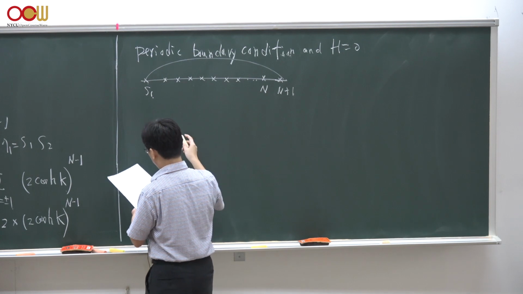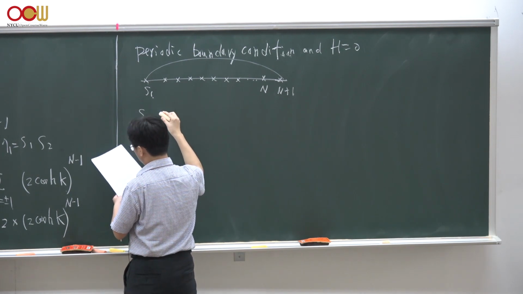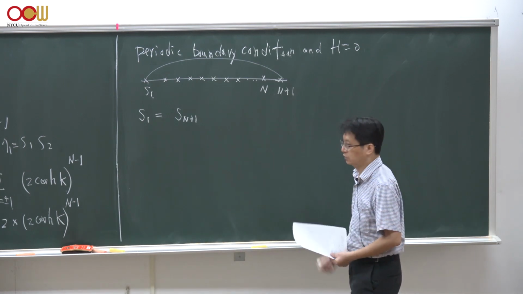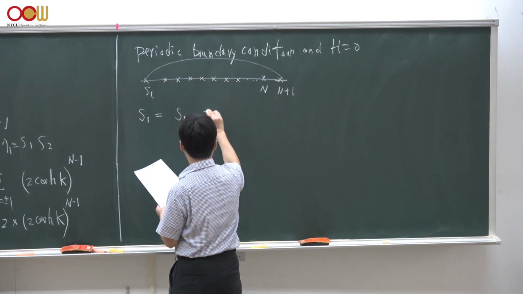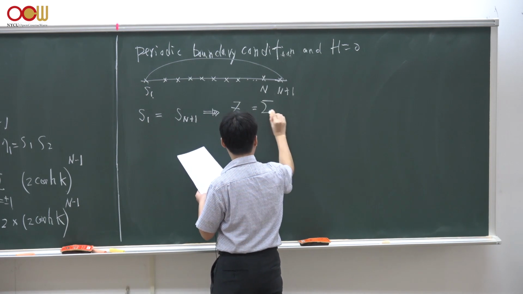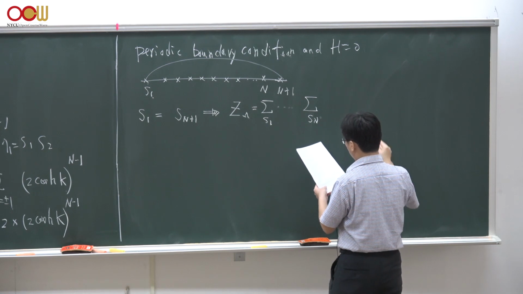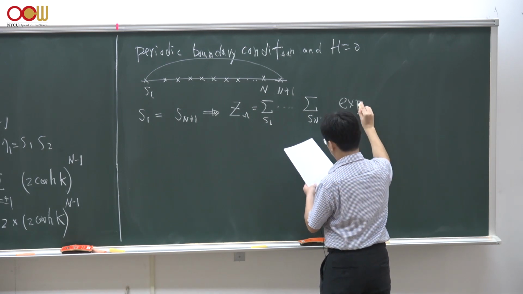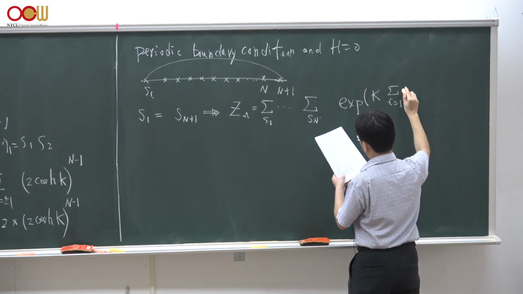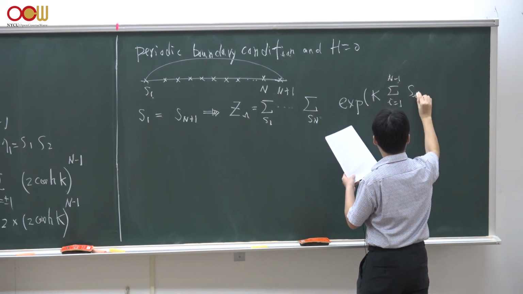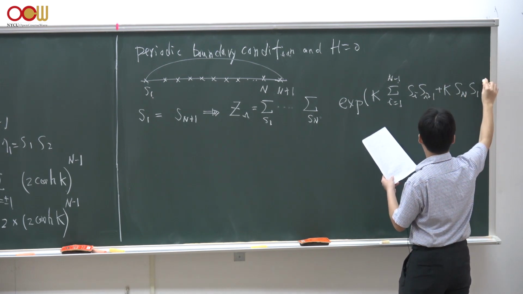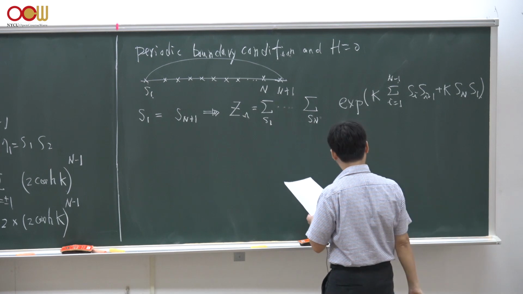In other words, the variable for the first spin on site 1 is the same as the spin after n sites shift. So for this periodic boundary condition, the partition function is given by the same sum over n spins of the Boltzmann weight, which is e to the k times the sum over i from 1 to n minus 1 of S_i S_(i+1), plus the n-th term, which is Sn times S1.